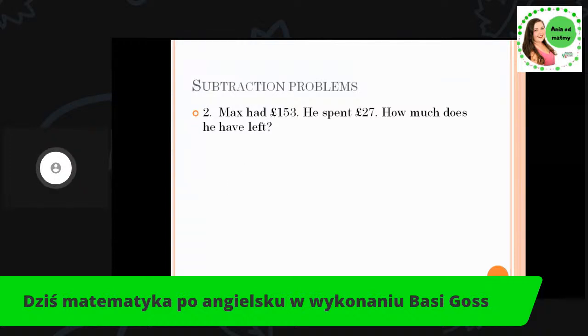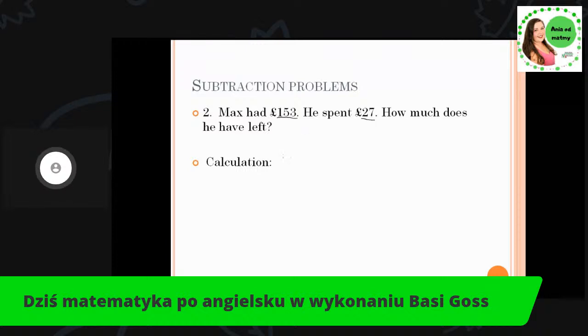So let's go to our calculation. And again, what numbers do we have? Numbers in the question are 153, that's a number, and the amount of money is £153. And another number is 27, and the amount of money is £27.